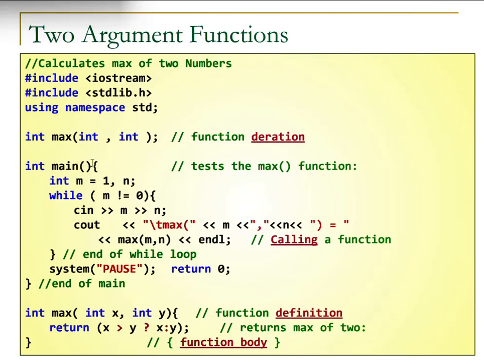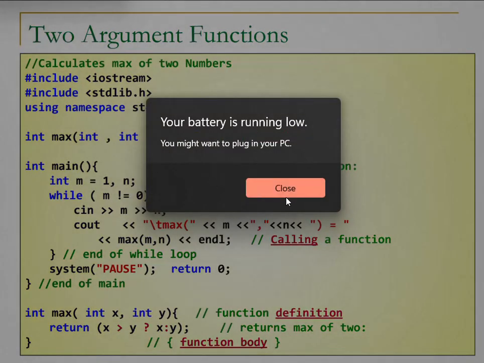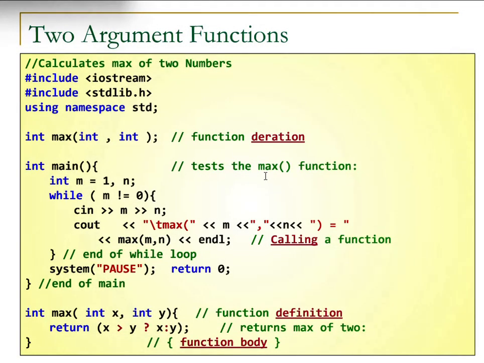It is the function where the program starts running, and what the program does is, if you enter two numbers like 5 and 3, then it will print max, in brackets, the first number 5, and then the second number 3, is equal to the number which is greater between the two numbers. The max function here is calling the function that we have declared previously.